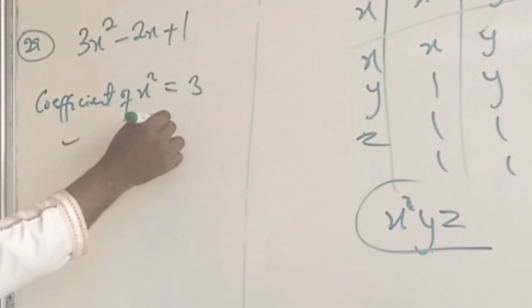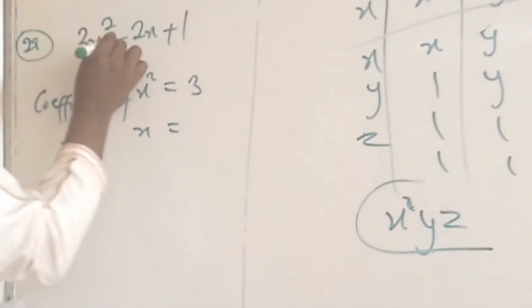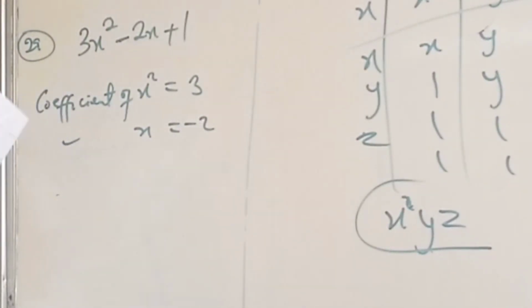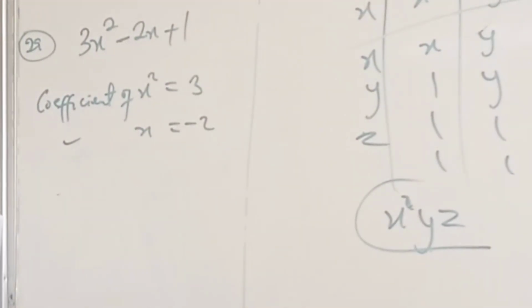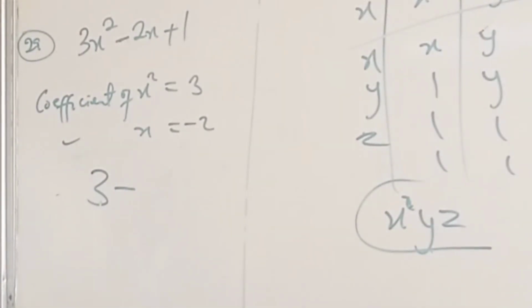Coefficient of x? Minus 2. Please don't forget the sign here, minus 2. The question asks us to find the positive difference between the coefficient of x squared, that is 3, minus the coefficient of what?